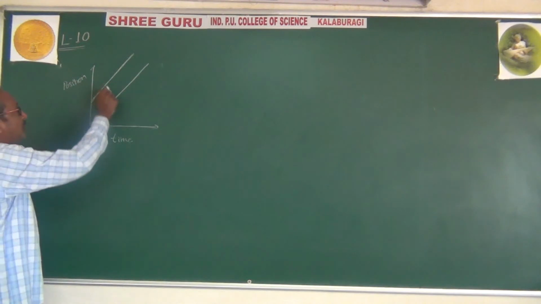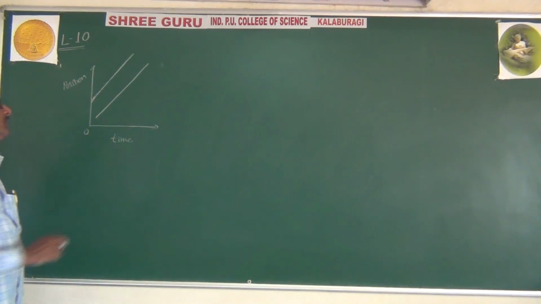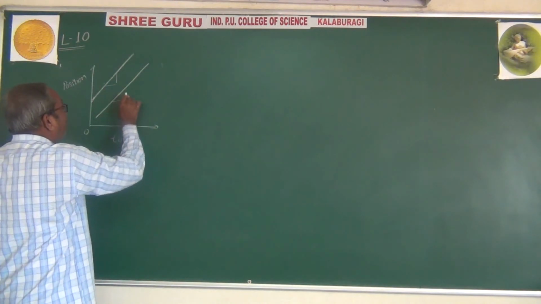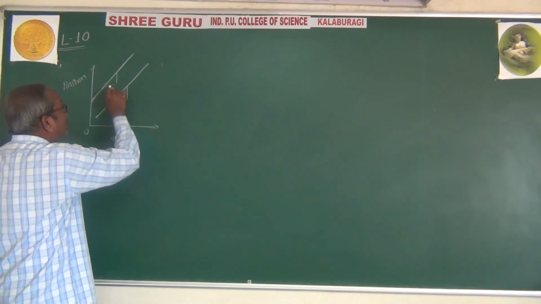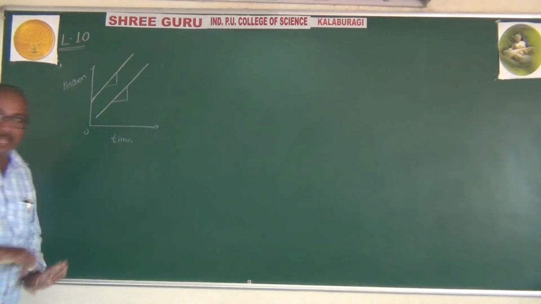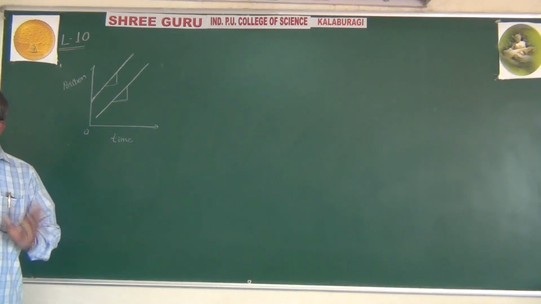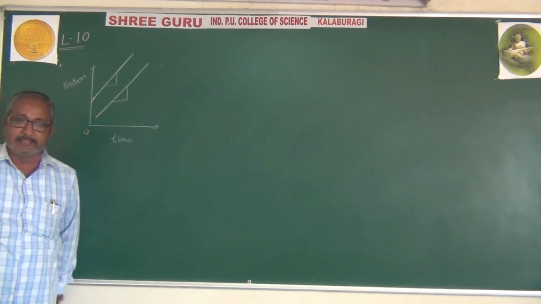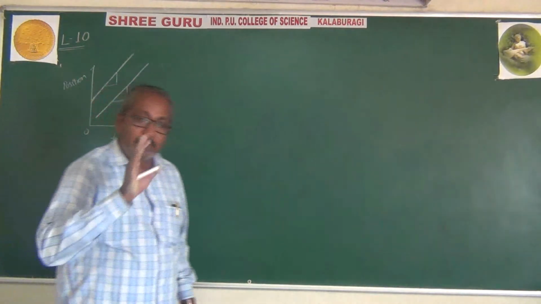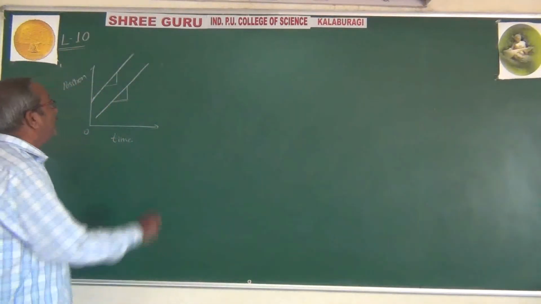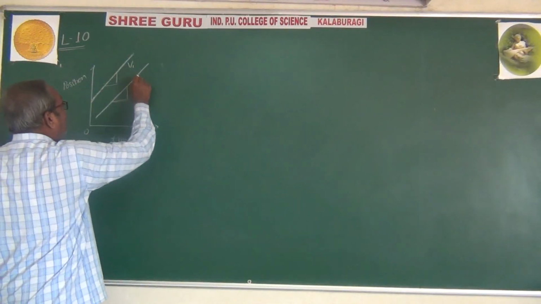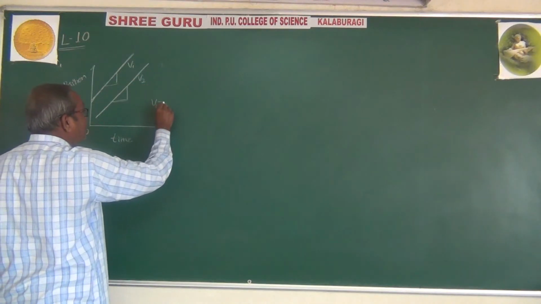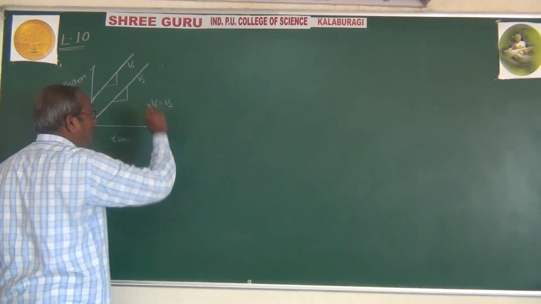If these two curves are parallel to each other, then the velocity, found by finding the slope of these, is the same. That means velocity v1 and velocity v2, and here v1 is equal to v2.